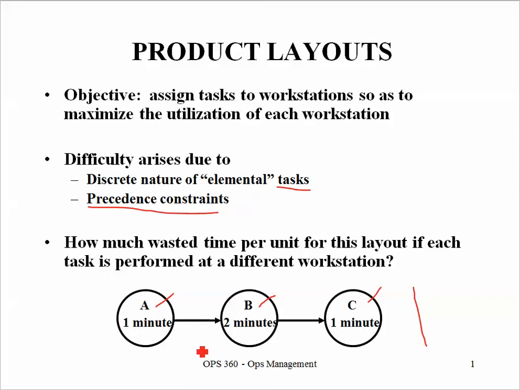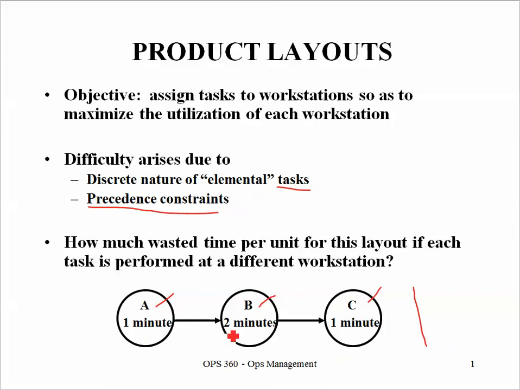I want all units to move forward every 2 minutes because of the speed I want the line to go, so I have sufficient output to satisfy demand. So in that situation, I have task A at the first workstation. At the second workstation, I have task B, and then that leaves task C, which also only takes a minute, at the third workstation. So 3 workstations for the 3 tasks.